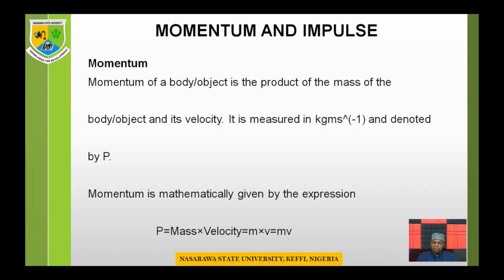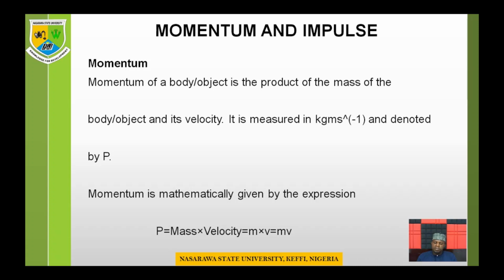For an object to have momentum, that object must be moving, which means the body has to be in motion, because without motion there can be no velocity. So for any moving body, there is velocity, and hence that body is bound to have momentum, because every body or object has mass.